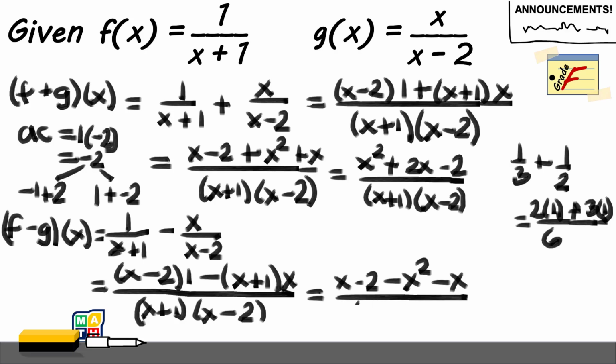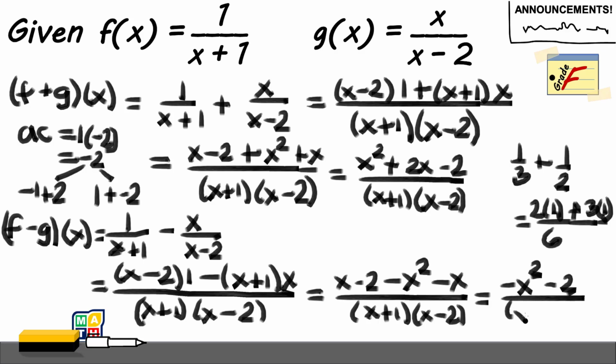All over x plus 1 times x minus 2. Arranging all of this, you will have negative x squared, x minus x is 0, you have minus 2, all over x plus 1 and then x minus 2.